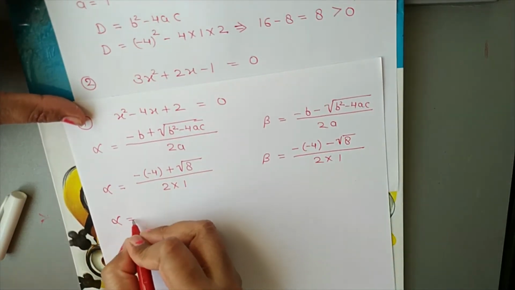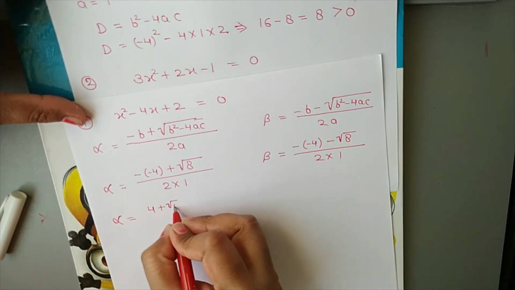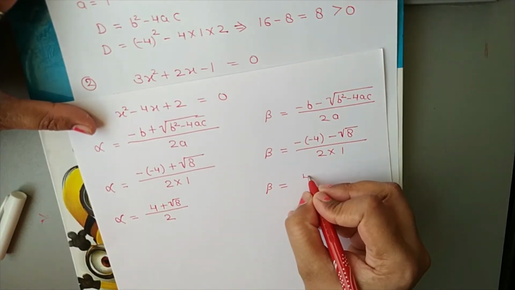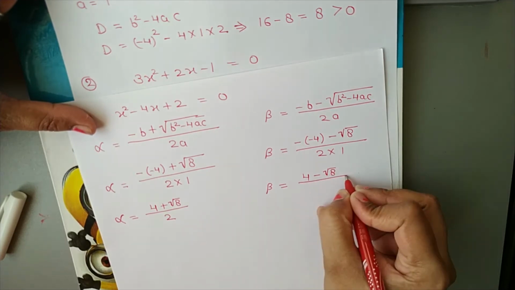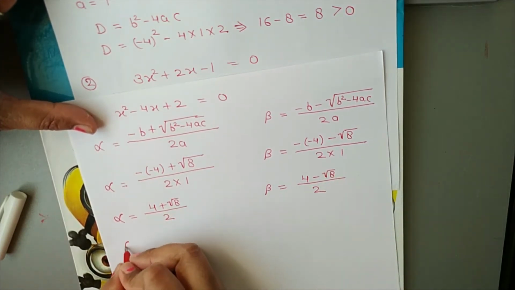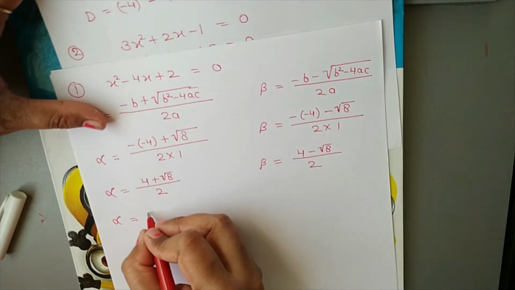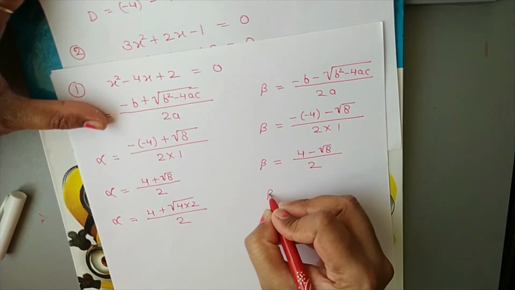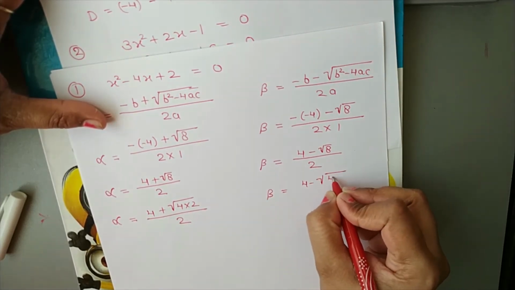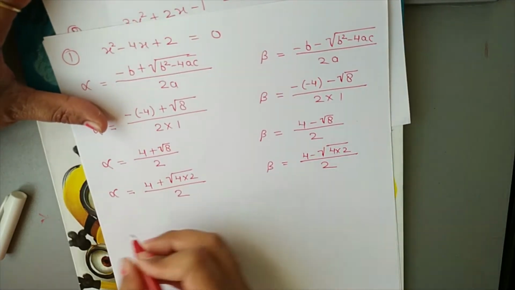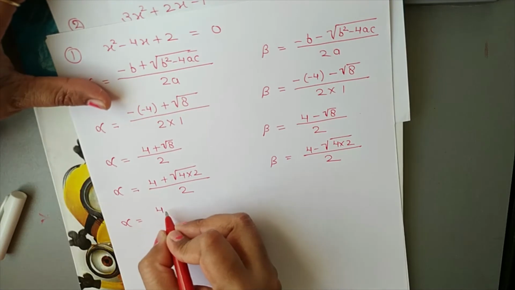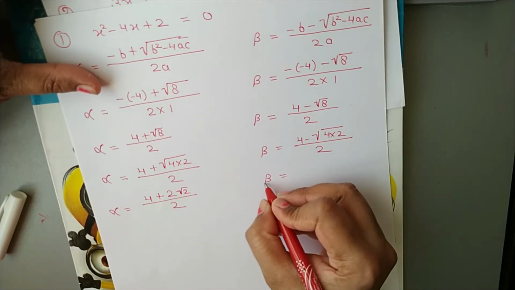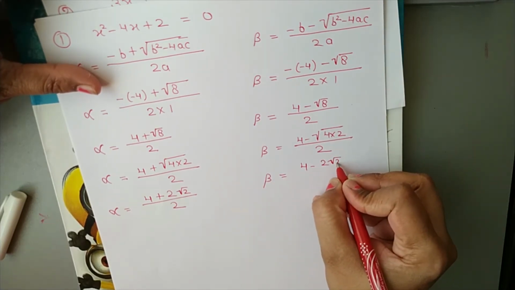So alpha is equal to 4 plus root 8 upon 2, and beta is equal to 4 minus root 8 upon 2. Now it can be written as 4 plus 2 root 2 upon 2, and 4 minus 2 root 2 upon 2.